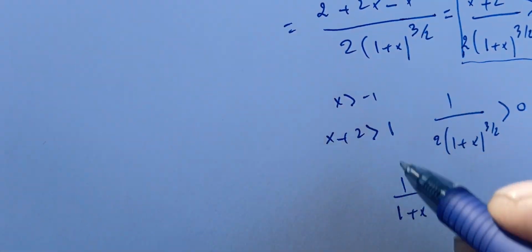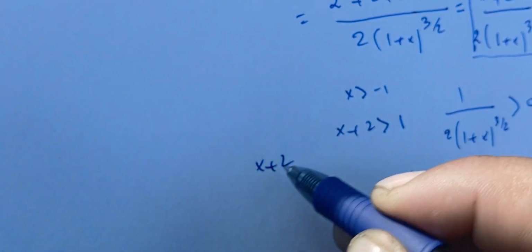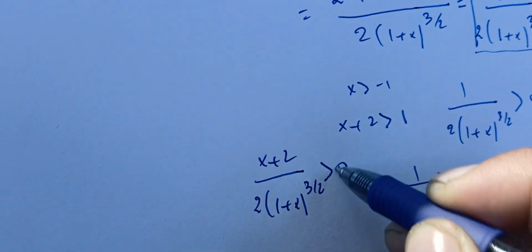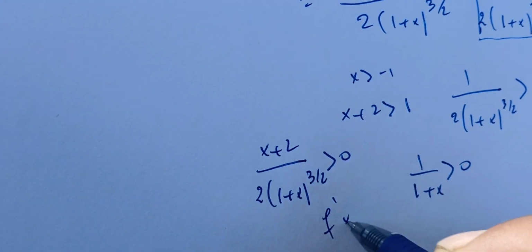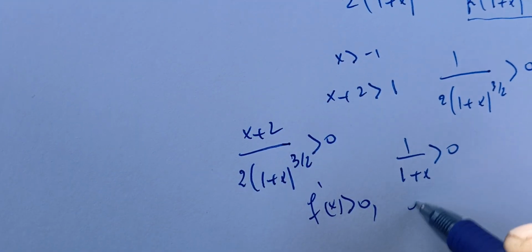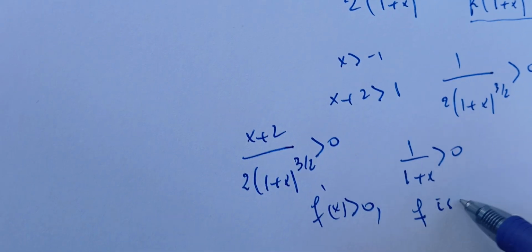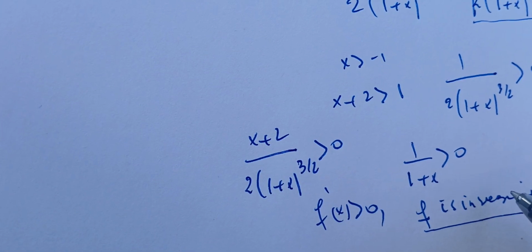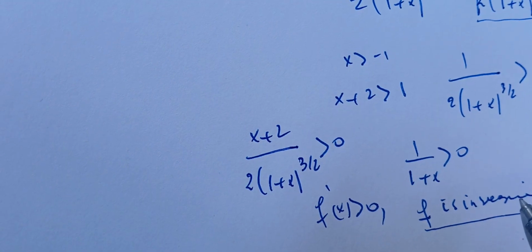Therefore x plus 2 over 2 times (1 plus x) to the power 3 over 2 is bigger than 0. That means f prime of x is bigger than 0. This means that f is increasing. So my function is increasing and therefore it's injective.